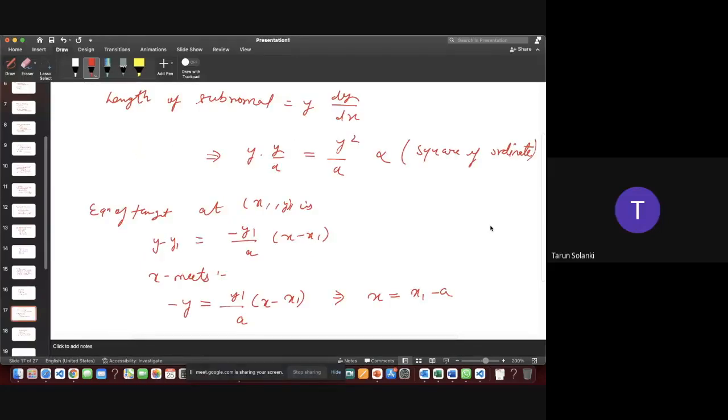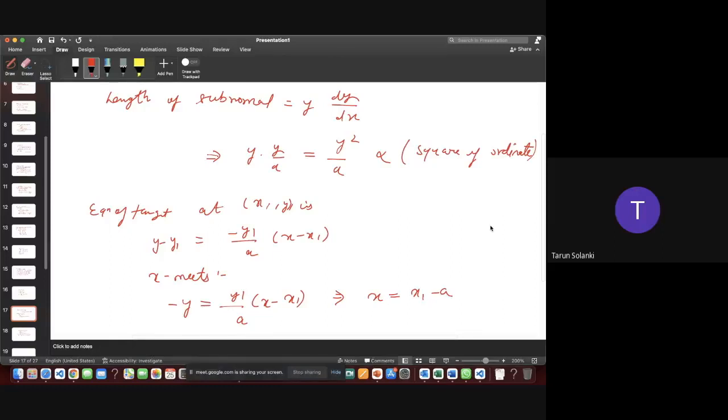Length of subnormal and the equation of tangent. Here, length of subnormal is y into dy by dx. You need to remember this, okay? And dy by dx, we know it is y by a.